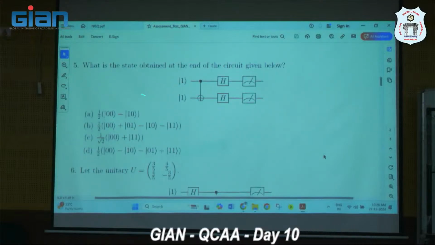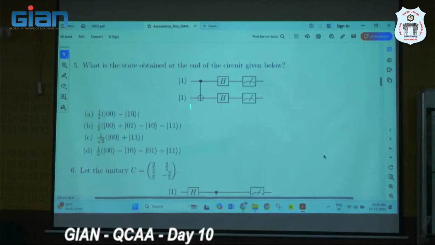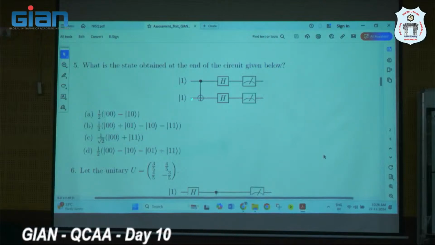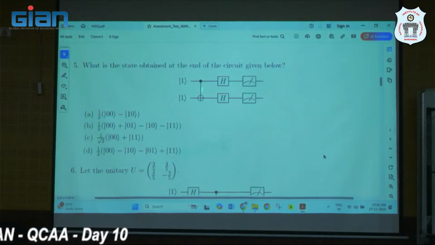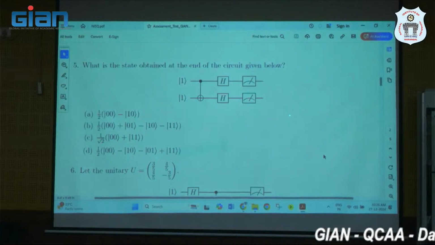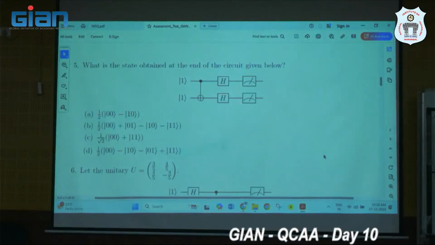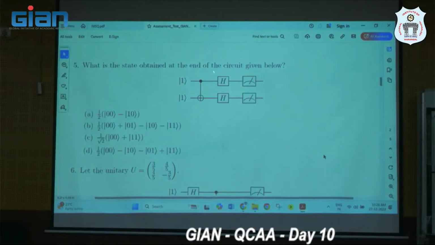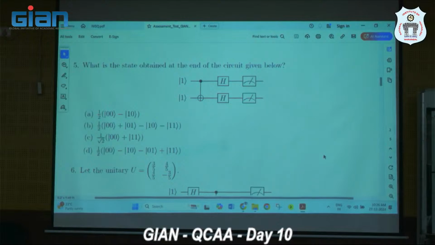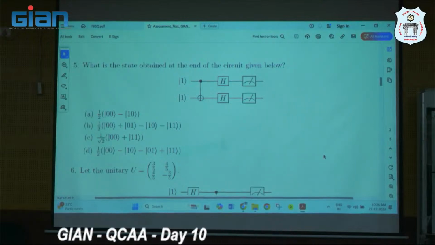What is the state obtained at the end of the circuit? B. Okay? You start with ket 1, ket 1. You do control not, Hadamard, just do the operations systematically one by one. We should not have this measurement here, because we were just asking for the state. I think this is an older version we are looking at.